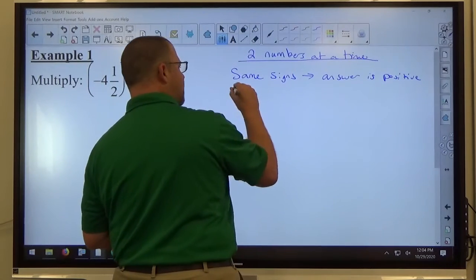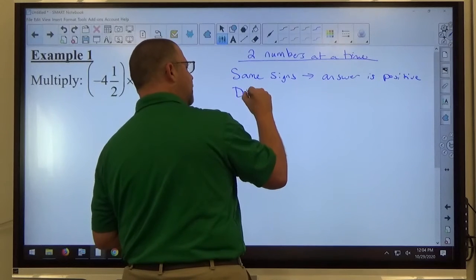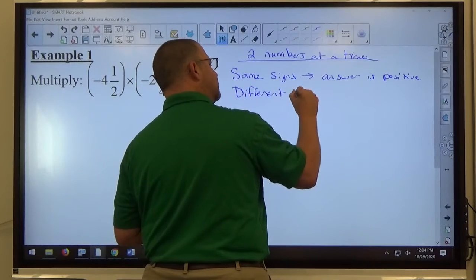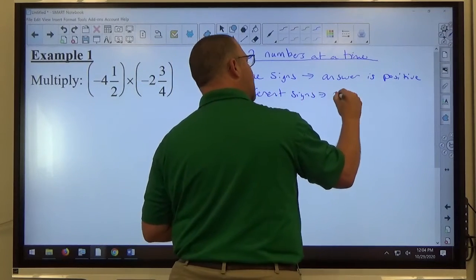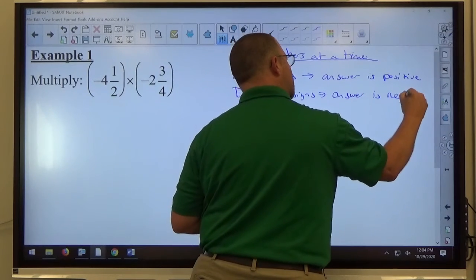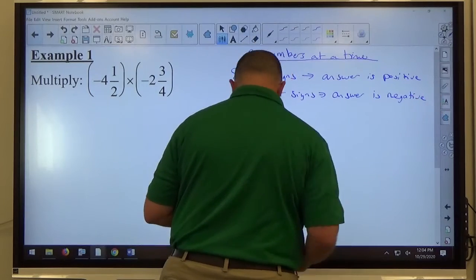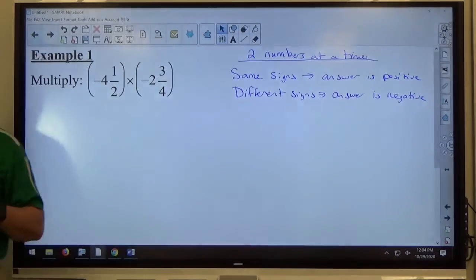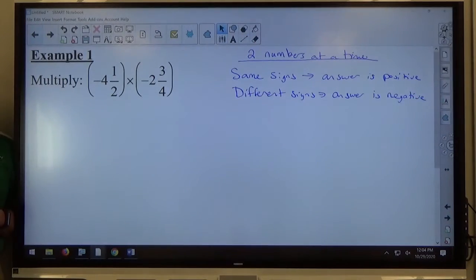If you have different signs, your answer will be negative. Every multiplication and/or division is exactly the same answer it would be normally. You simply have to assign the proper sign to the answer based on the signs in the problem.